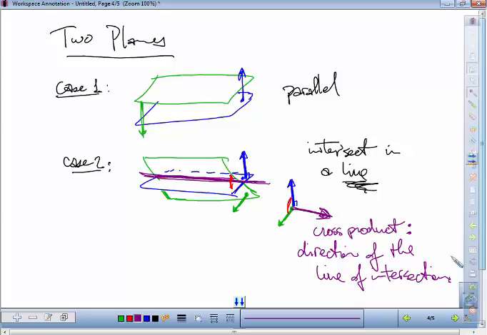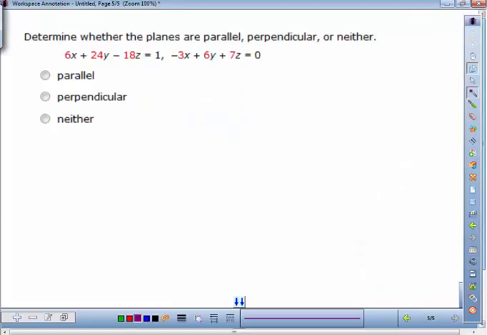So that's one of the two things that we're going to need for an equation of a line when we find the equation of the line of intersection. But we're going to need one more, and that's going to be a little trickier, but we'll talk about that when we get there. All right? So let's go back to this problem. If they're not parallel and they do intersect, then we're going to take this a step further and find the equation of the line of intersection.